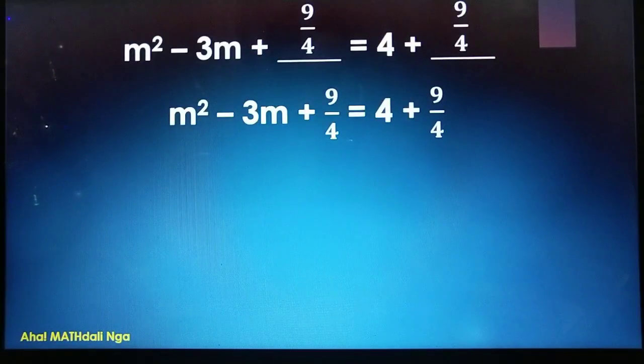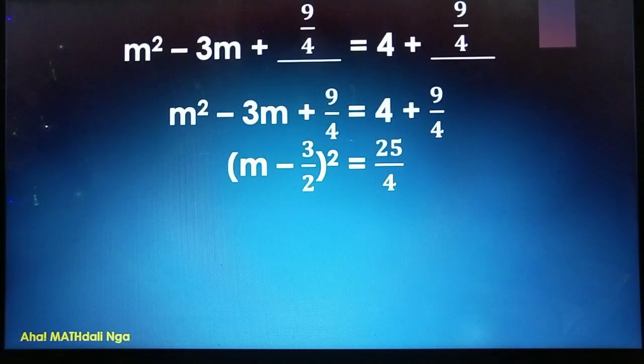To find its factors, we will take the square root of the first term m squared and the square root of the last term 9 over 4. So we have m minus 3 over 2 squared. We have subtraction here because, as you can see, the sign in the middle term is negative.